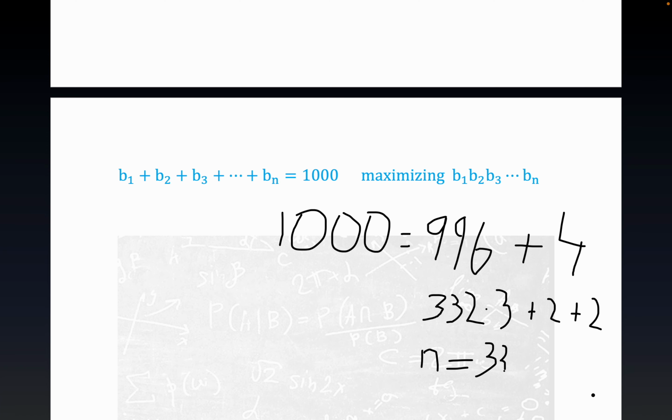All right, but notice that based on the so-called reasoning and discovery we did on the previous page here, that would tell us this would max out at what? 3 raised to the 332nd power.